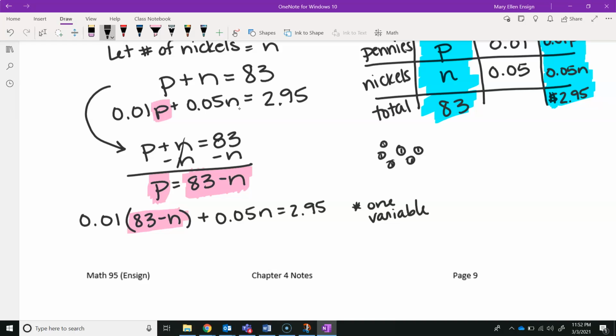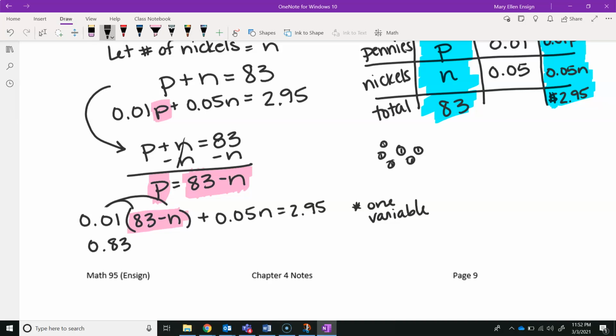So I distribute here. When we distribute, we have 0.01 times 83, and we're going to get 0.83. Now, think about that for a second.